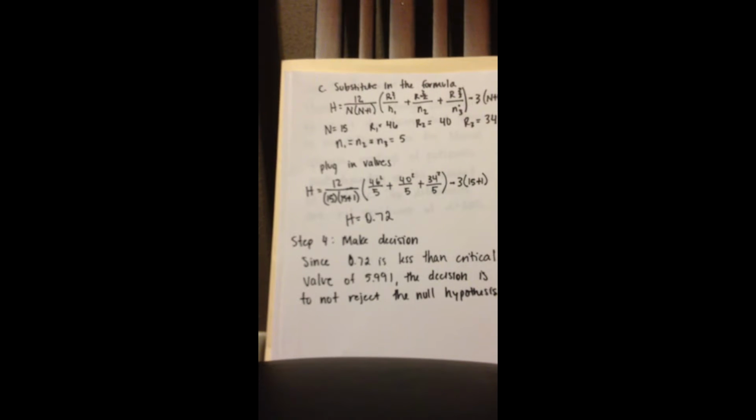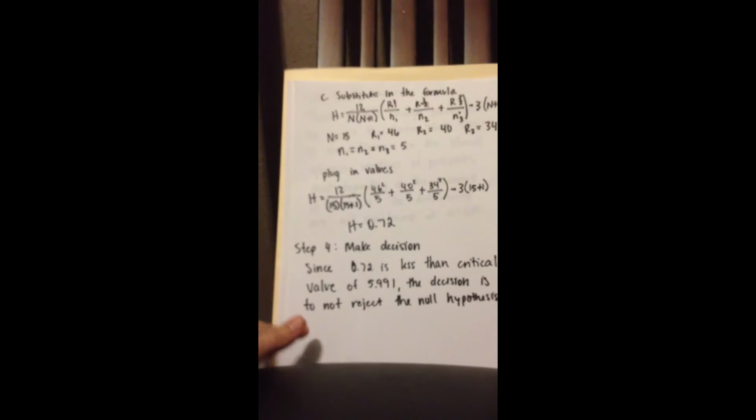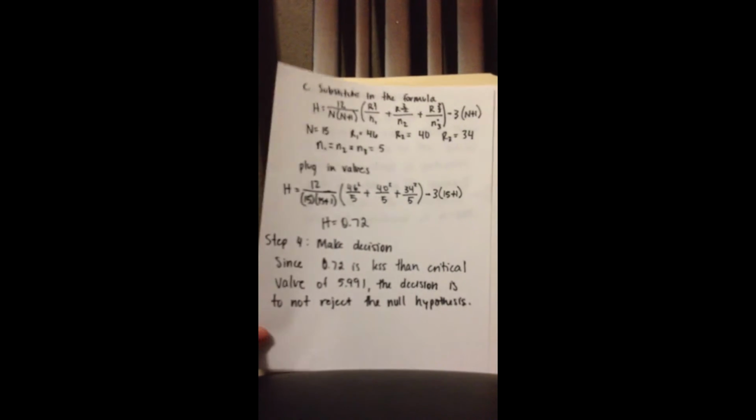Since 0.72 is less than the critical value of 5.991, the decision is to not reject the null hypothesis.